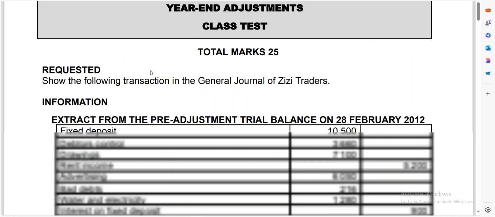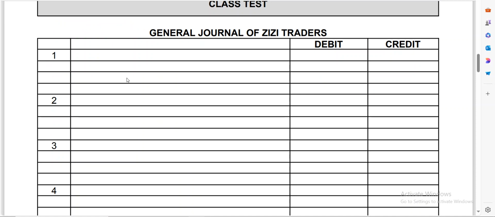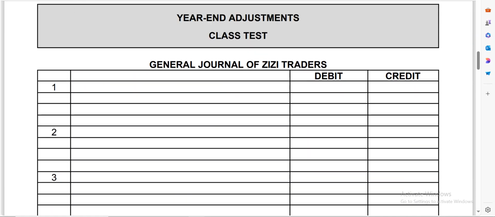So we are going to go to our answer sheet, and we're going to do it exactly like that. So for number 1, and remember, guys, in this lesson, I'm not going to give the narrations. I'm just going to show you how to apply double entry, but it's very important that you try and put down the narrations. I'm just going to explain to you in terms of double entry so that you can get it.